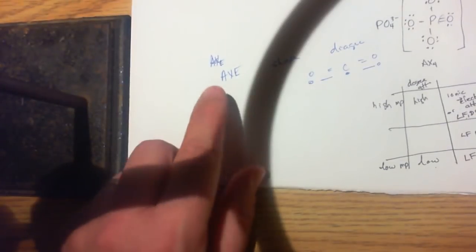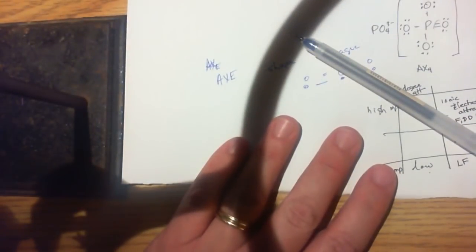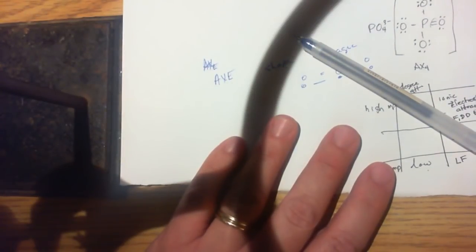I want the actual symbols, right? So you would replace the dots with the symbols of the elements. So you get the AXE formula, the shape name, your diagram, and all of your electronegativities. And if you get stuck, for the grade 11s, you will have the nice, lovely molecule still hanging in the room. They'll come down sometime next week for the grade 12 test.